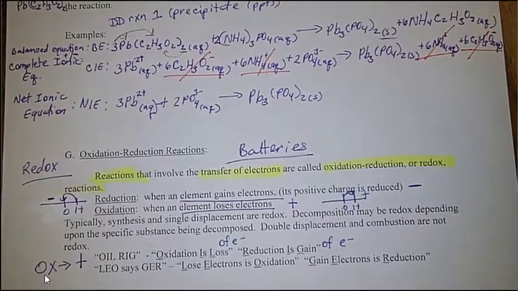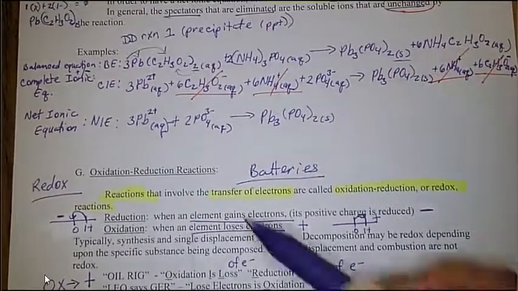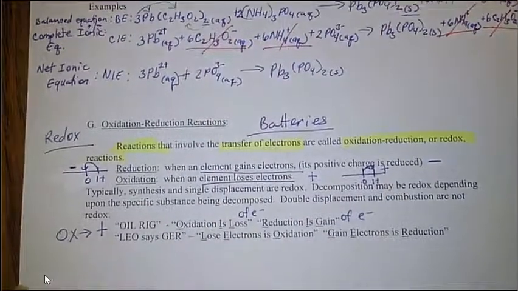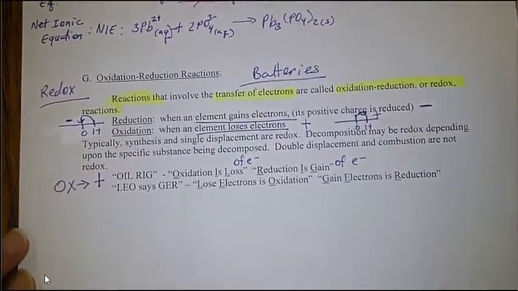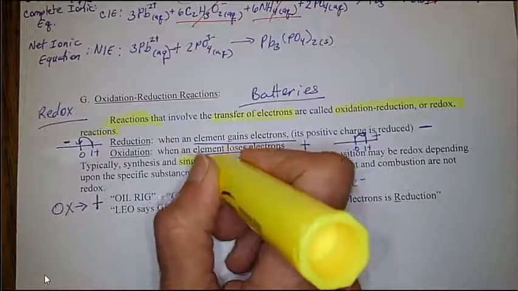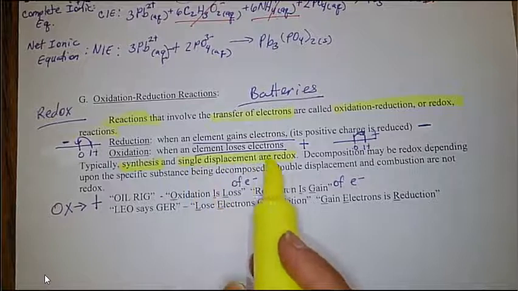Okay, so moving on. Now, when we are doing oxidation and reduction reactions, we do the exact same thing as we did before. We label our balanced equation, our complete ionic equation, and the net ionic equation. So usually the reactions that we have for this are typically synthesis reactions or single displacement reactions.